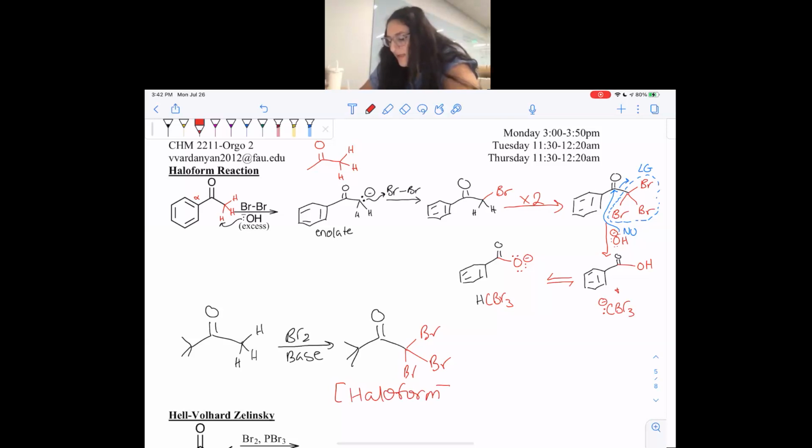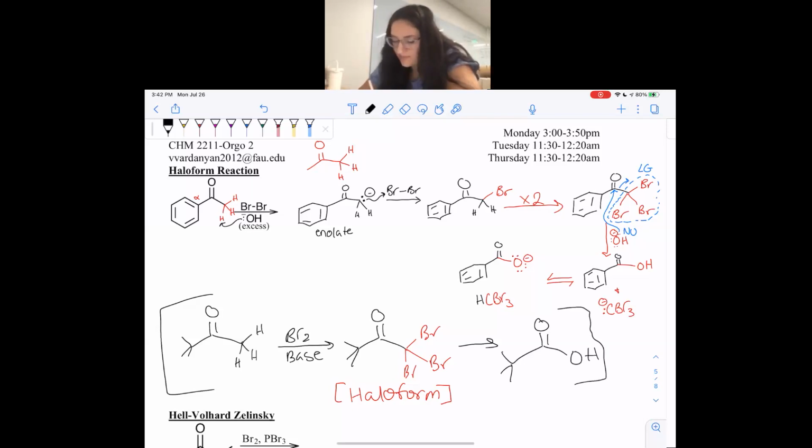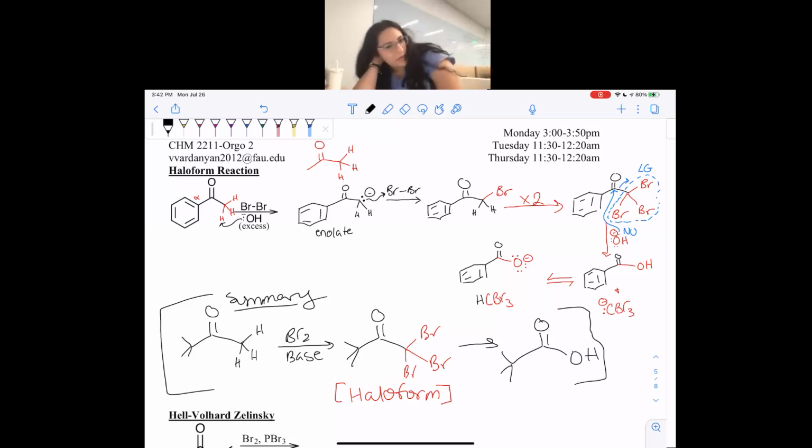So the intermediate is a haloform, and eventually we end up with a carboxylic acid. So this is the summary. I know that's an ugly one, so I'll give you a moment.